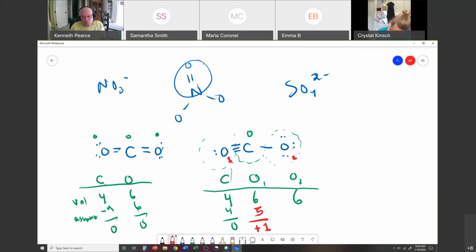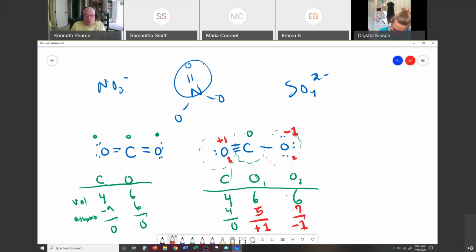Oxygen number 2, how many do we have assigned? 2, 4, 6, 7. Minus 1. And so oxygen number 1 is plus 1. Oxygen number 2 is minus 1 for formal charges. It still adds up to 0. 1 minus 1 is 0, so it's still a neutral molecule, so that's okay.